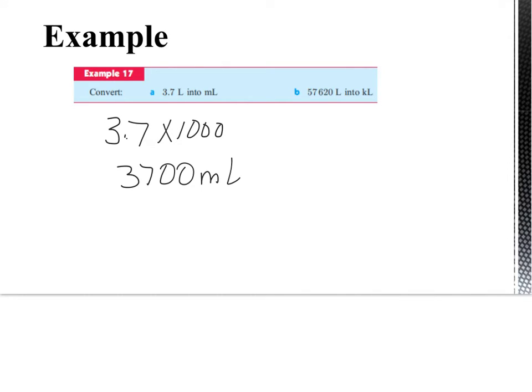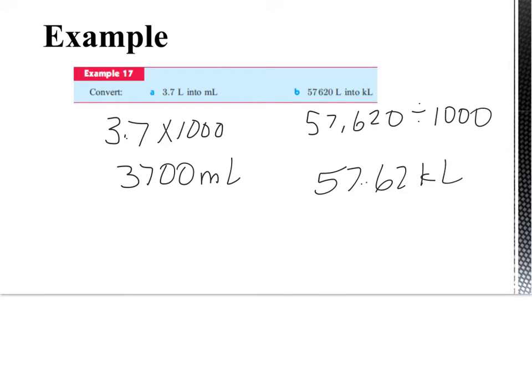And then 57,620 liters into kiloliters. We're going from liters to kiloliters, so we're dividing by 1,000, or moving our decimal place 3 places to the left. So we end up with 57.62 kiloliters.